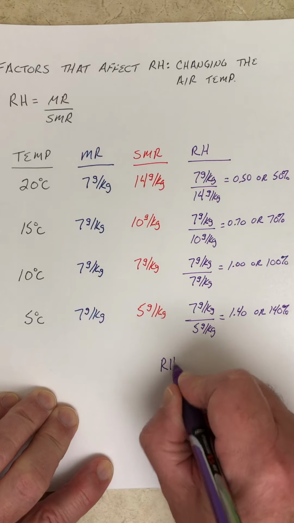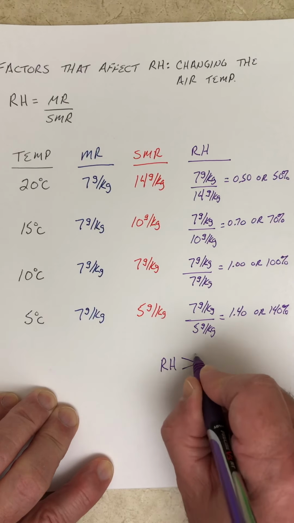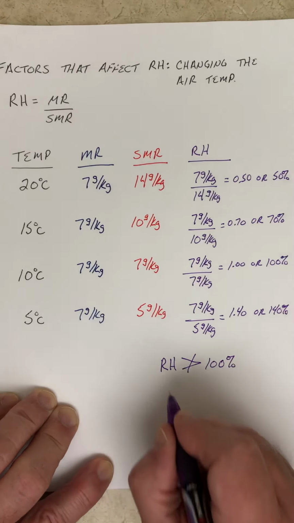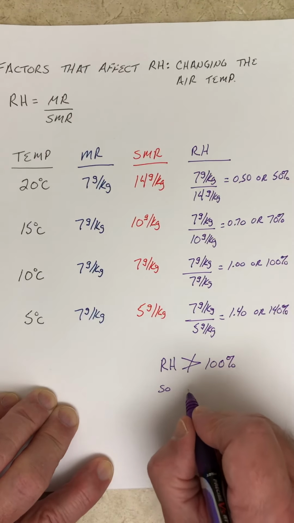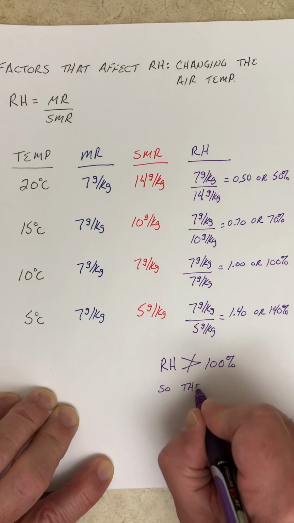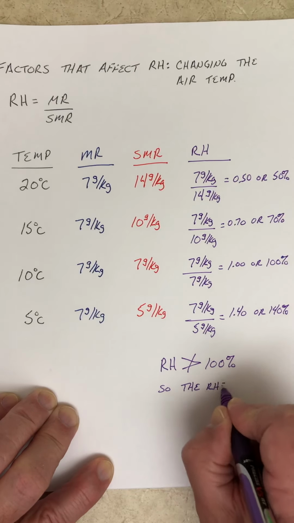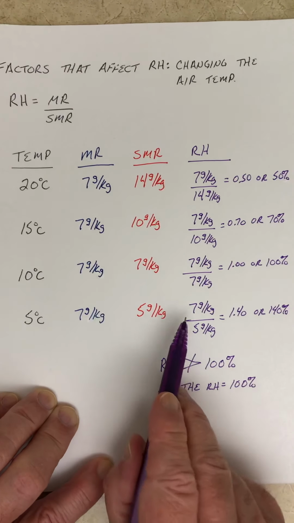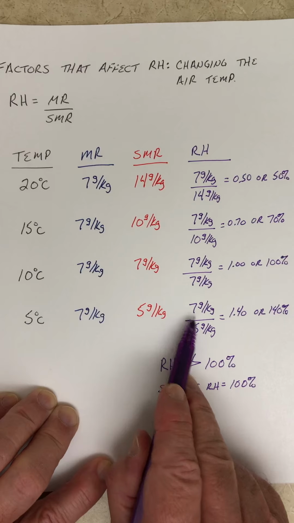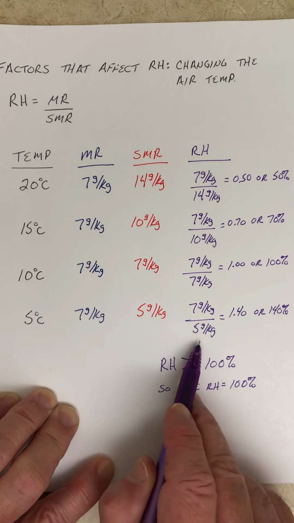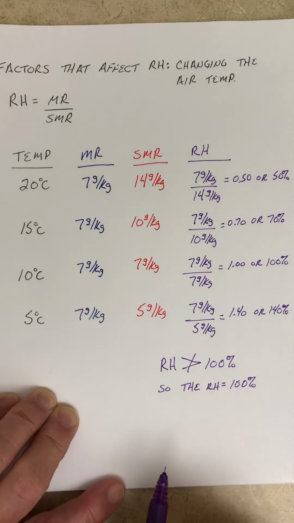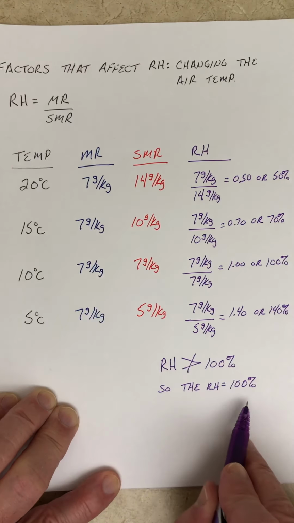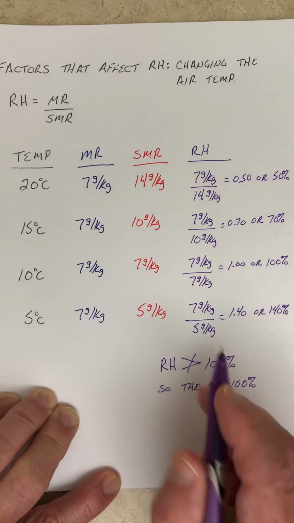So our relative humidity cannot be greater than 100%. What happens then is the relative humidity equals 100%. We had 7 grams per kilogram of water vapor in the air, but it could only hold 5 grams of water vapor per kilogram of air.